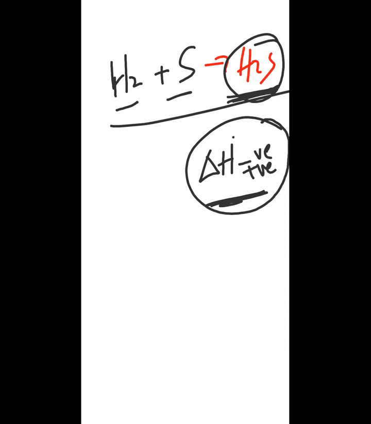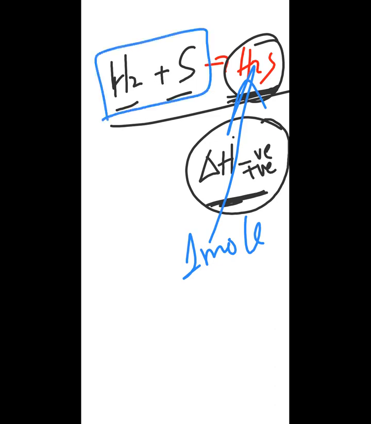So the enthalpy change of formation is the enthalpy change when 1 mole of compound is formed from its elements, or from its reactants, you can say, under the standard condition.